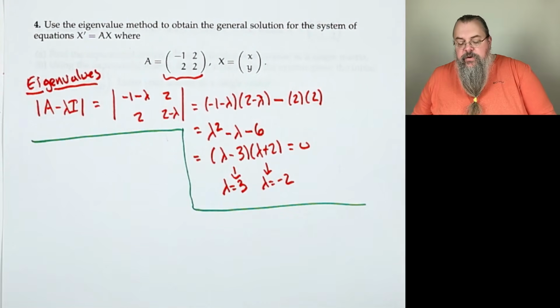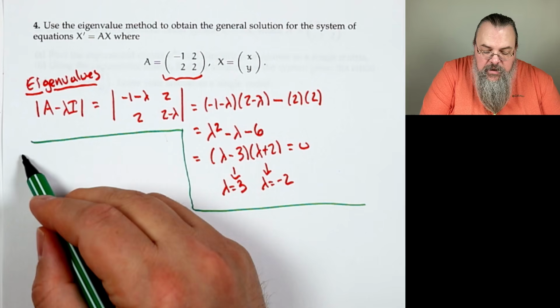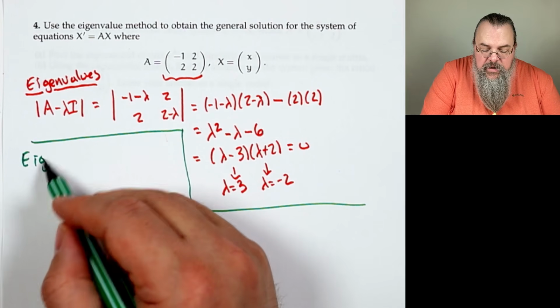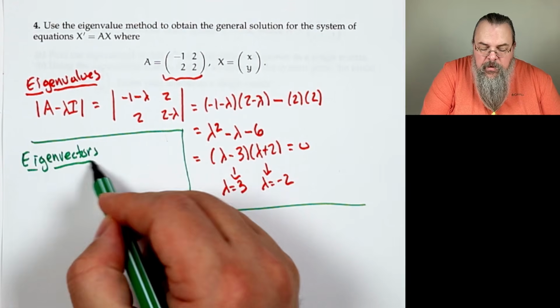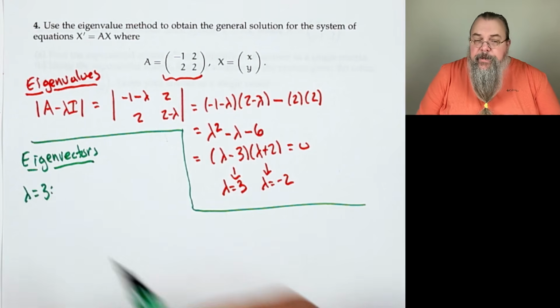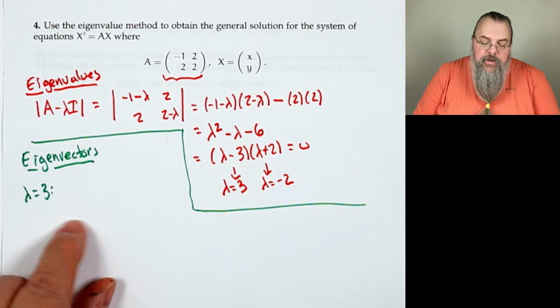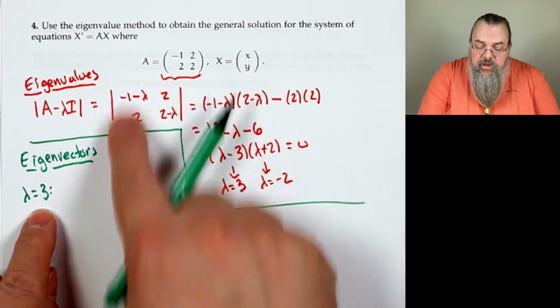And now we're going to eigenvectors. Okay, good. Well, how do we do that? For each eigenvalue, we're going to do the following. Let's start with lambda equals 3. I'm going to look at A minus lambda I. So I'm plugging 3 into this.